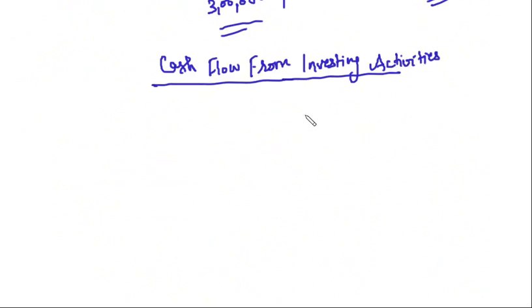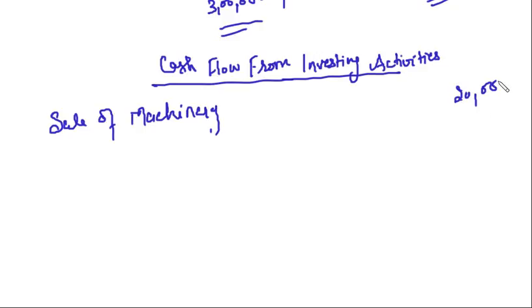So we can write this down. Sale of machinery is for 20,000. Clear? Purchase of machinery, what is the purchase of machinery? 60,000.